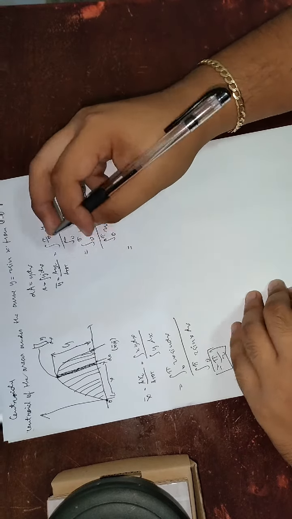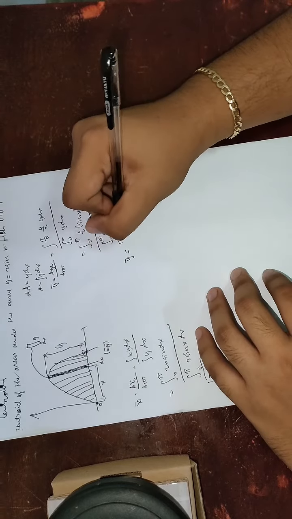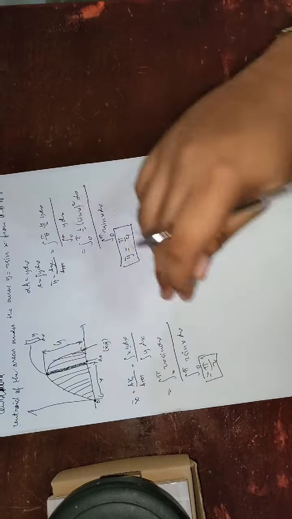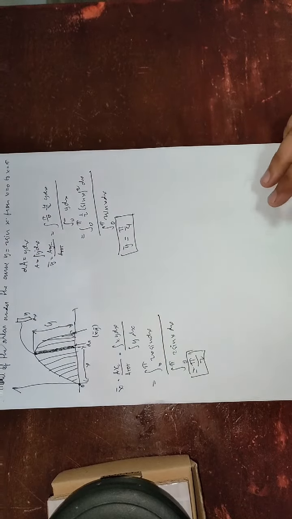We compute for our final answer, pi over 4, and that's how you get your y and your x. Now let's proceed to our problem number 2.